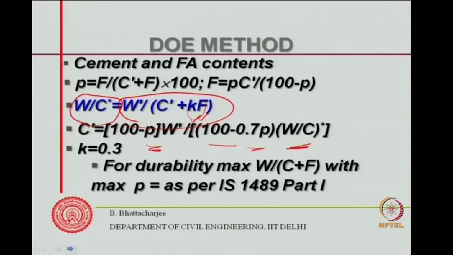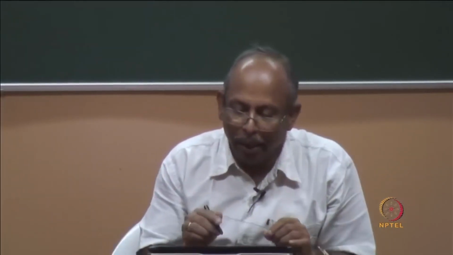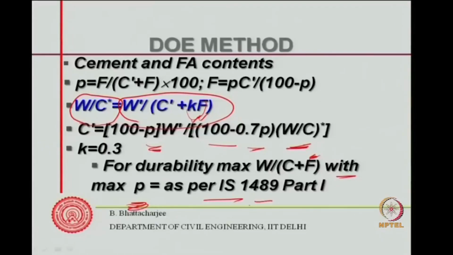For durability, find out the water to cement ratio that is allowed, and in that case no K is used. The only thing is that the maximum P you can use would be as per the criteria of IS 1489 part 1, which limits the maximum fly ash that can be used in Portland pozzolana cement.